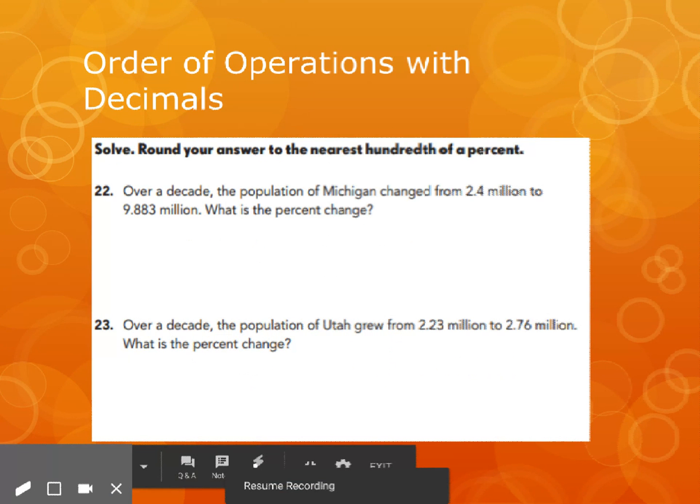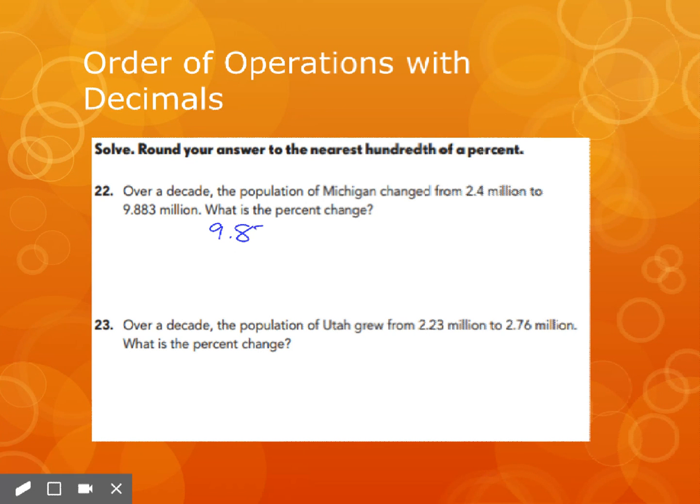So number 22, over a decade, the population of Michigan changed from 2.4 million to 9.883 million. What is the percent change? So we're going to put the bigger number first. 9.883 minus 2.4. Then you divide by the original amount, and we're multiplying times 100.